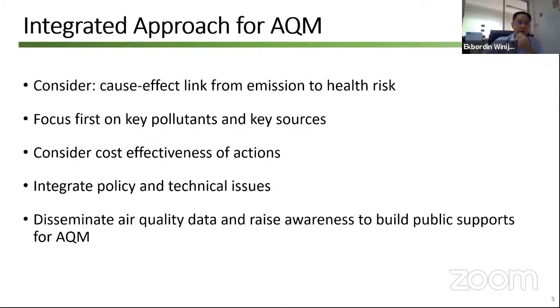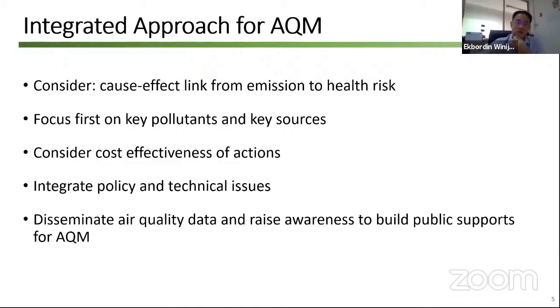Okay, when we're talking about the integrated approach for air quality management, we need to consider both cause and effect, right? Cause and effect in this case, when we're talking about air pollution, means the source of pollution leading until the end, which is the health risk of the people. But most of the time, we are not going to that end.